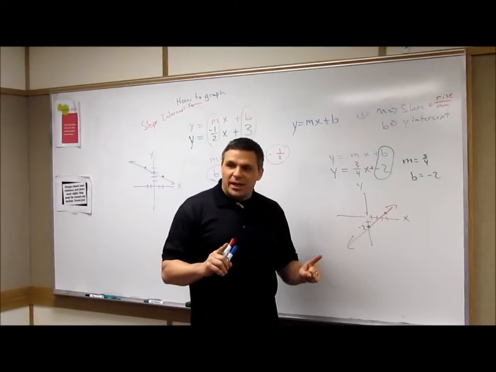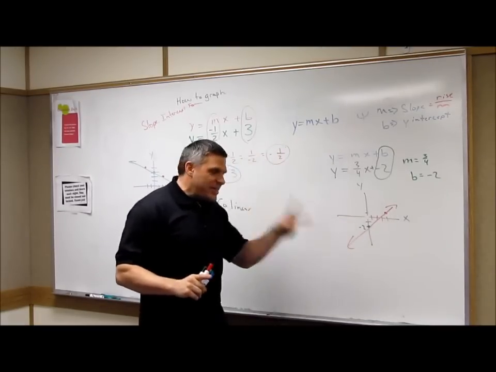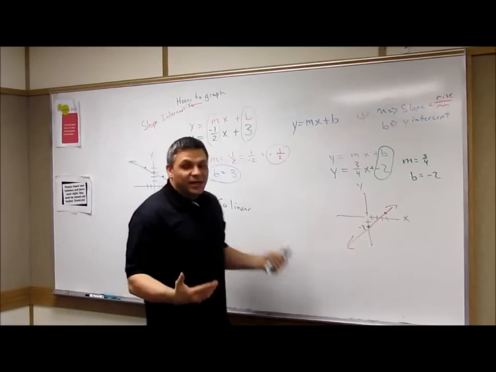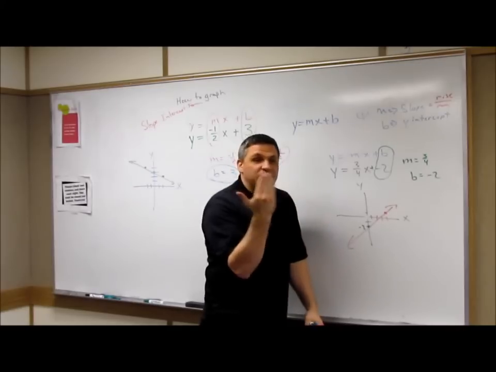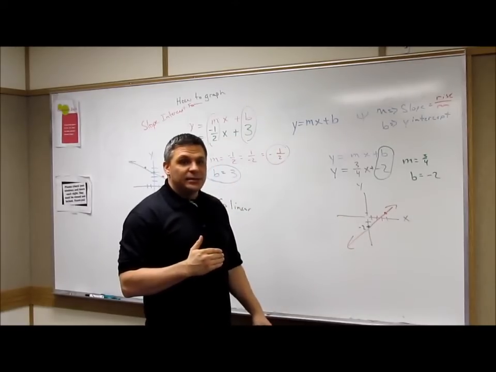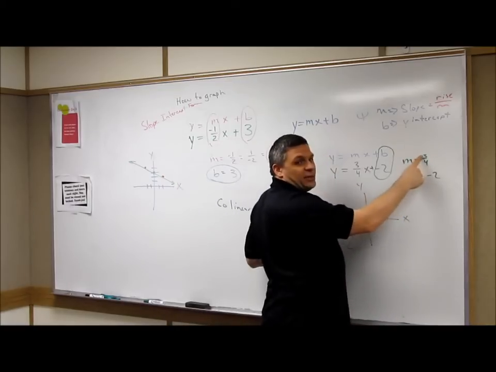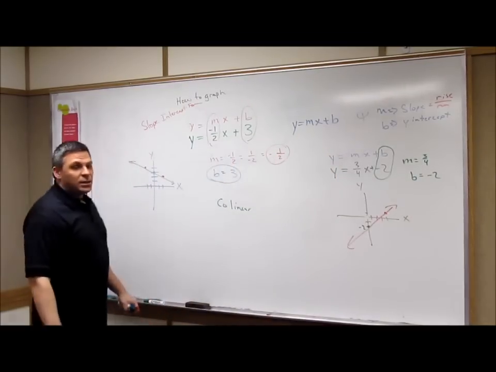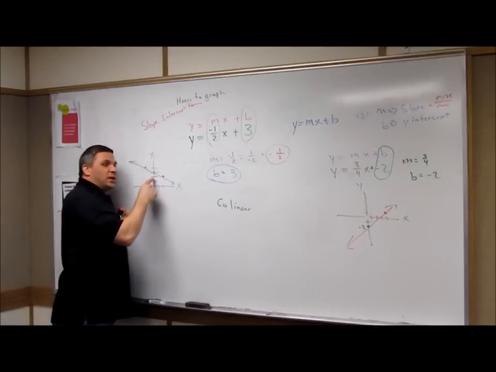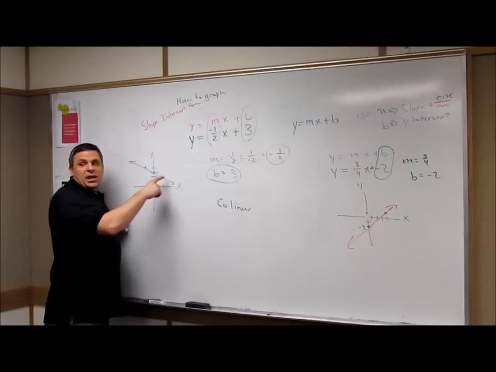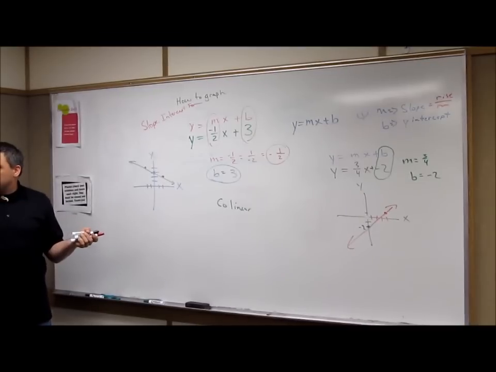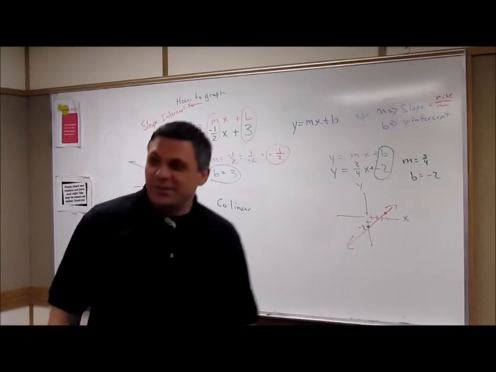How many points do you need to draw a line? 2. From that first point, you go where your slope tells you to go. My slope tells me to rise 3 and run 4, so I go up 3 and run out 4 to the right. If my slope tells me to go down 1 and right 2, then that's what I do. If it tells me to go up 1 and left 2, then that's what I do. Pretty simple? We'll see.